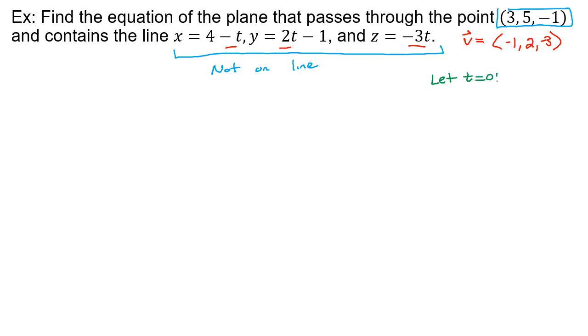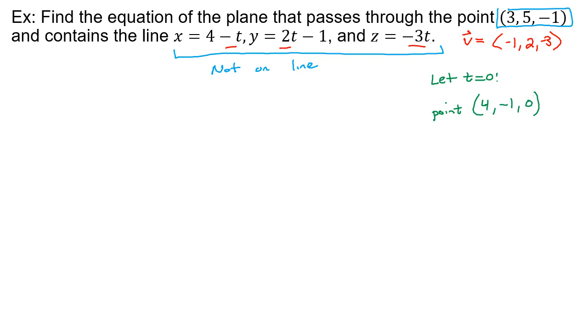If t were 0, then I would get 4, -1, 0 as a point. I'm sorry, that should not be a vector. It should be a point.